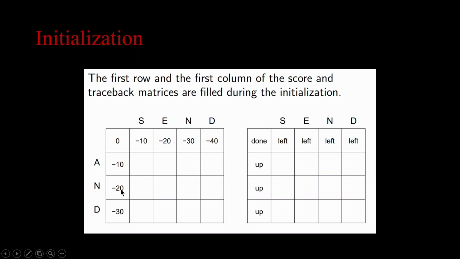For this cell, previous cell value -20 plus gap value -10 equals -30. Here the arrows will be from the left, left, left, left, and here the arrows will be up, up, up, up, as we find the value from the upper cells.